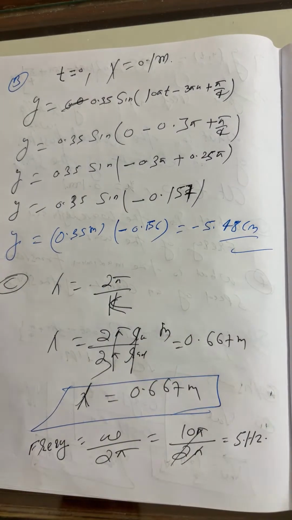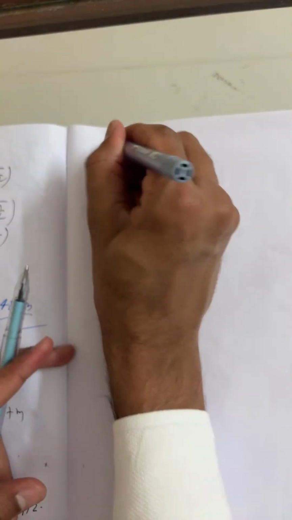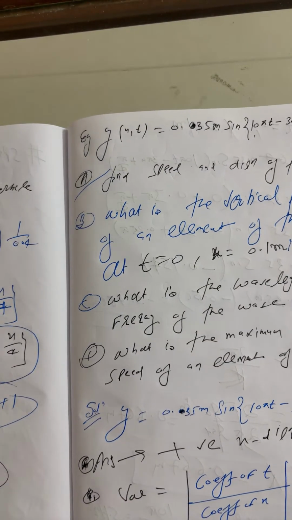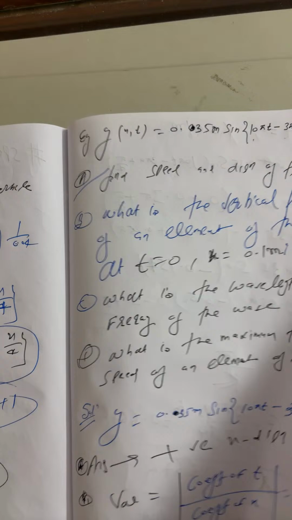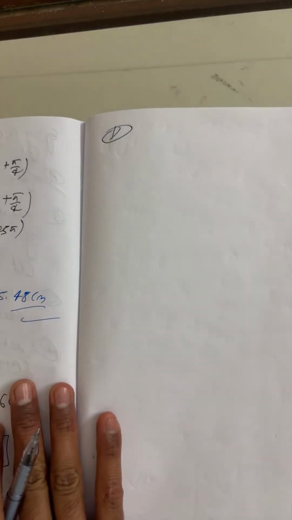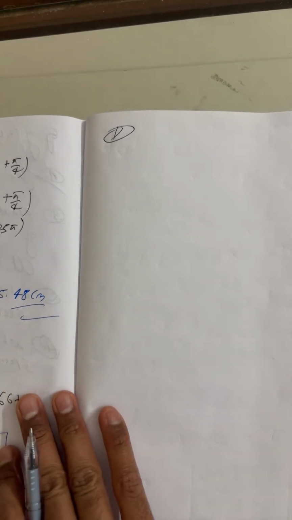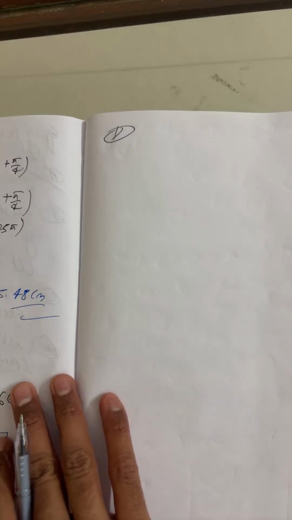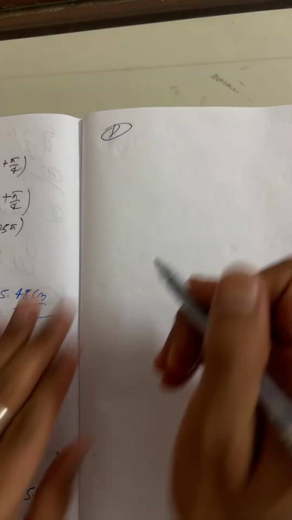After this comes option D, the last part. The question is: what is the maximum transverse speed of the element? We have to find the maximum transverse speed, so we differentiate the given equation.